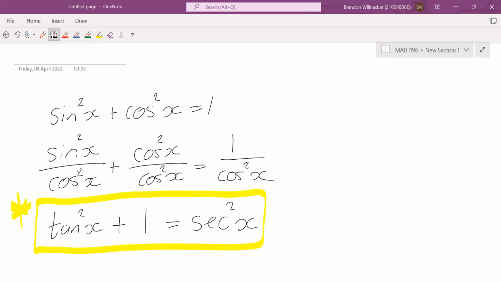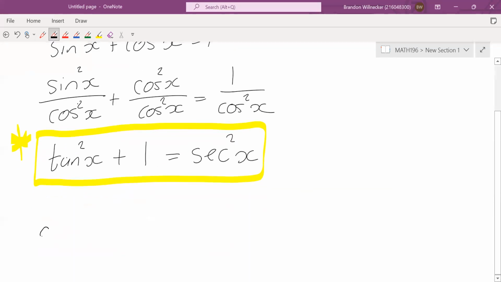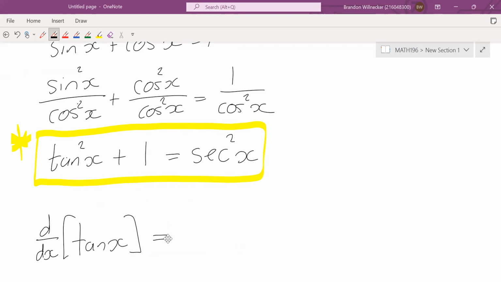Next, we need to find the derivatives of tan and sec. That's for the u substitution part. So d by dx of tan. If we let u be tan x, we need to find the derivative. What do we get in this case? What's the derivative of tan?